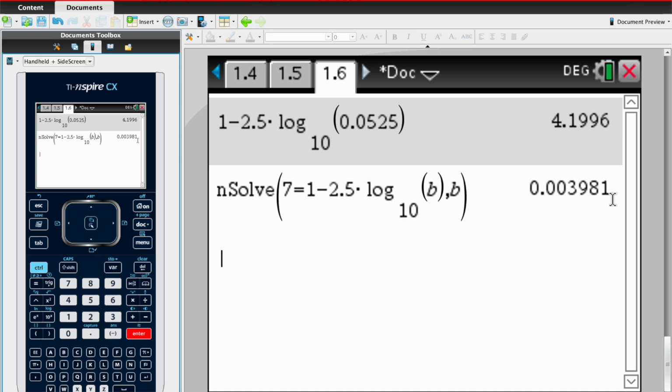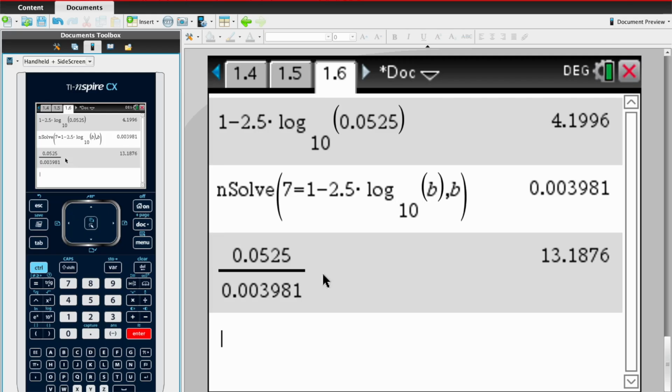So here we go. Setting up a fraction. 0.0525, and then here's the brightness of Ceres, 0.00398. I'm going to use full sig figs as 3981. Okay, so it is roughly 13.1876, or 13.2 times as bright.